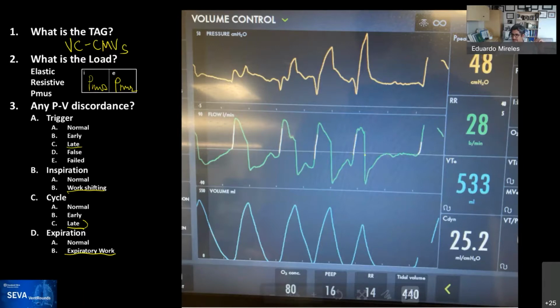Because they inhaled early. Took a breath in quick. Okay, that's one possibility. The key to the question actually lies on the screen in this little box over here. So what happened? Yes, it hit the peak pressure.